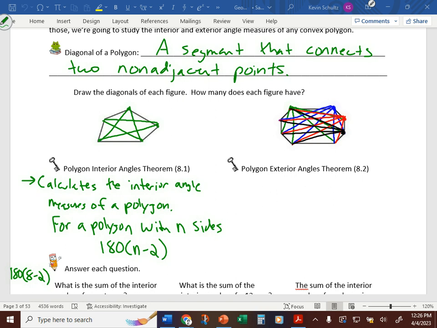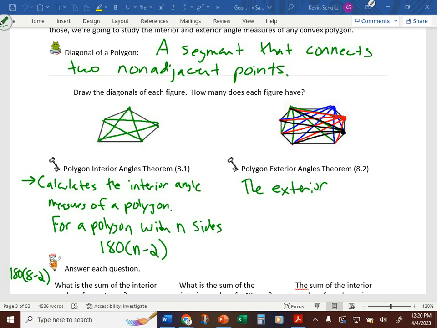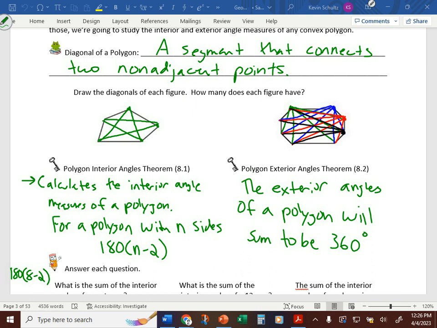The polygon exterior angles theorem is much more straightforward. This states that the exterior angles of a polygon will always sum to be 360 degrees.